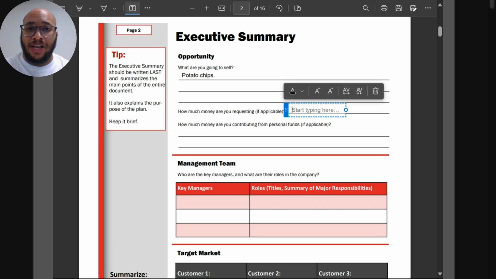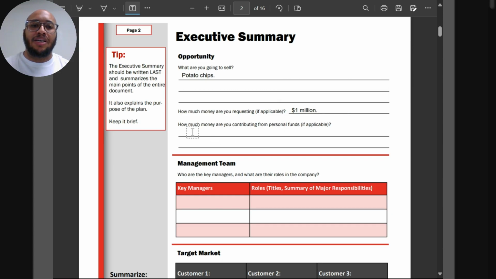You need to look for grants, where they are very few and far between right now in the year of our Lord 2024. Or you can do the family, friends, and faithful route and try to raise money from people that you know in your network. And so those are the ways that you can raise money. And so with my potato chip company, I'm going to say I need $1 million.